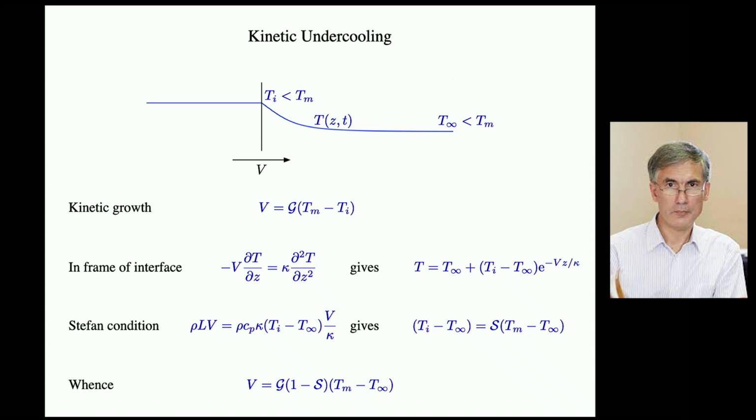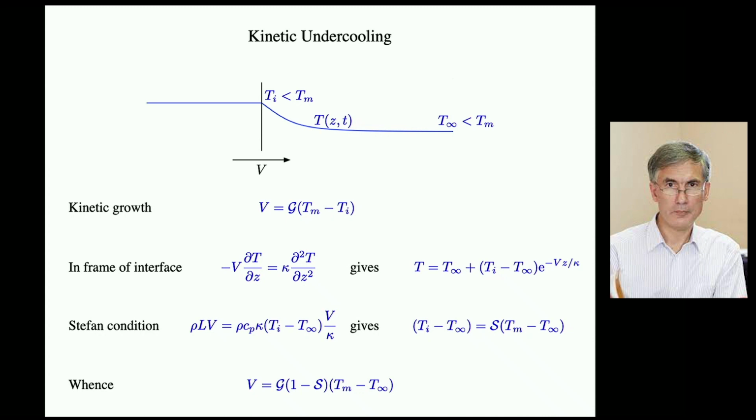The Stefan condition is an equilibrium condition. It's not actually a kinetic condition for V. We can use it in that way, it turns out, in many circumstances, but here it doesn't. What it does is determine the interfacial temperature, Ti, which we find is related to the Stefan number and the temperature difference.